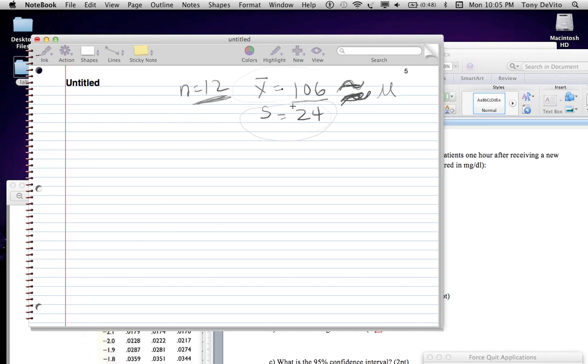Okay, and we got a standard deviation for this sample group, these 12 numbers, of 24. You guys remember how we calculated that? We found the difference between each individual value and the mean, squared the differences, added them up, divided by the number of degrees of freedom, or n minus 1, to get the variance, then took the square root of that to get the standard deviation, and we came out with this number 24.